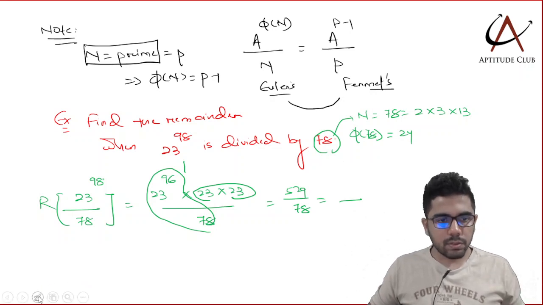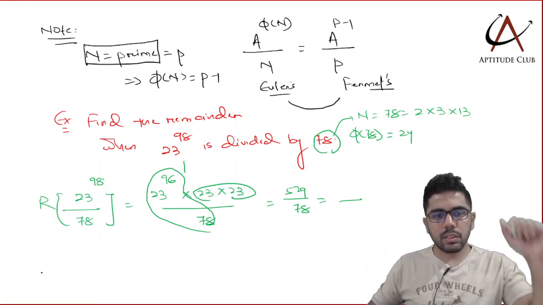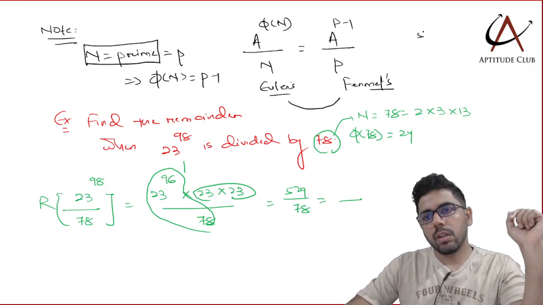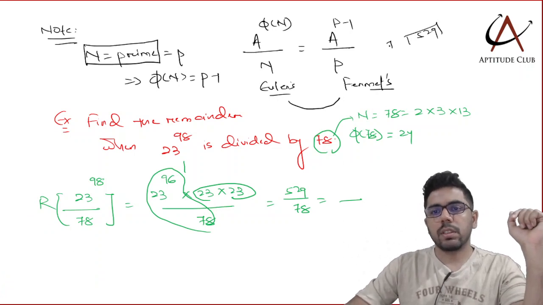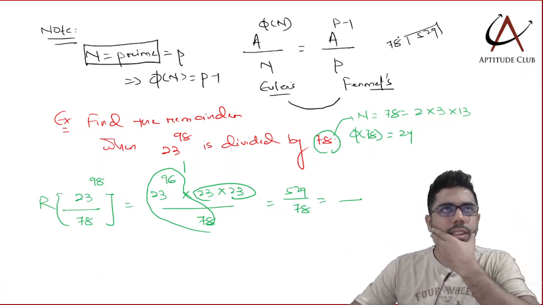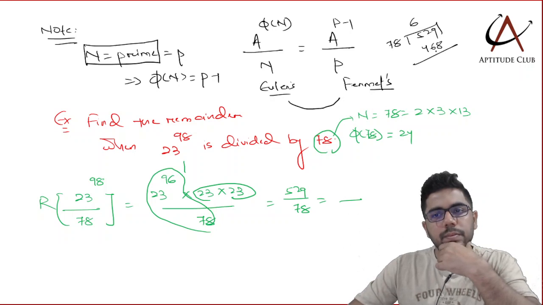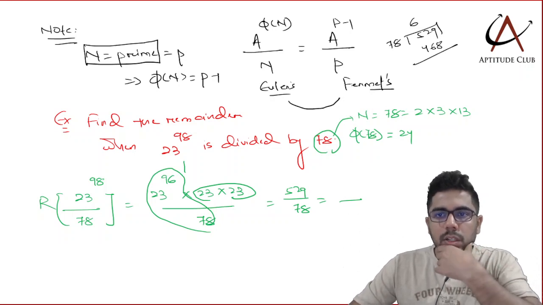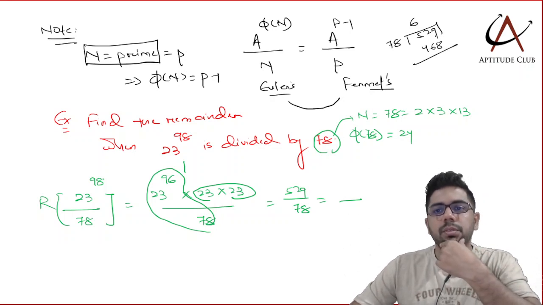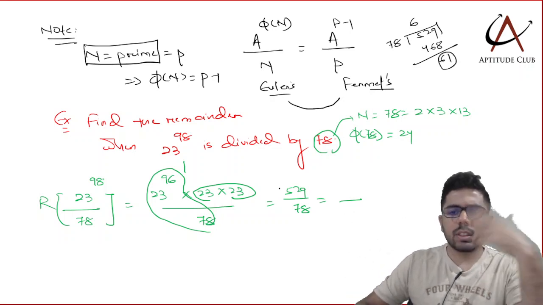I hope this makes sense. 529 को 78 से divide कर लो. I don't think 7 आ सकता है, तो 6 आएगा. 6 8, तो ये आ जाएगा 468 I think. 529 minus 468 gives 61. 61 is our answer.